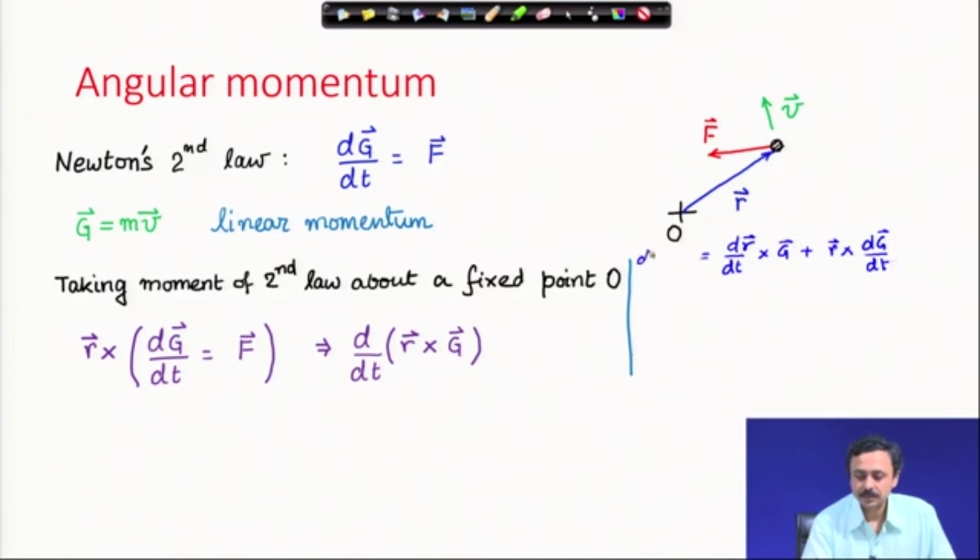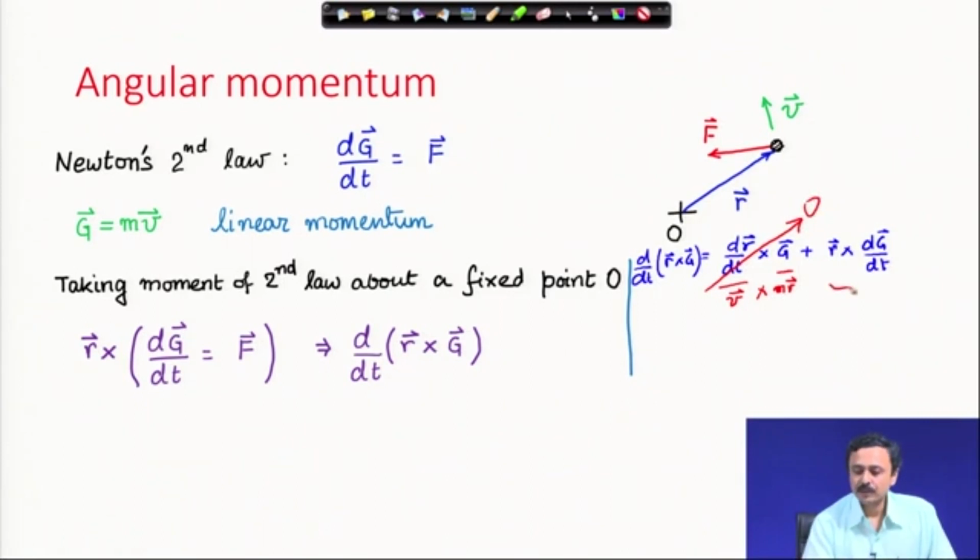This is d dt of r cross the linear momentum. What is dr dt? dr dt is nothing but the velocity vector. What is g? g is mass times velocity vector. Mass is a scalar quantity. Therefore, g is also in the direction of velocity. Therefore, v cross mv must be equal to 0. Therefore, this cross product is 0.